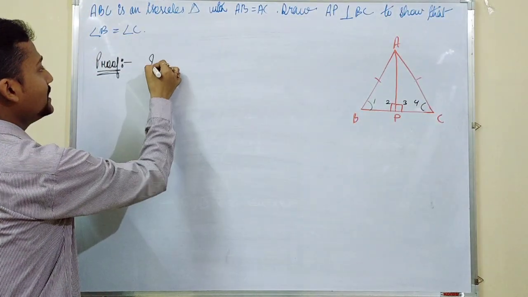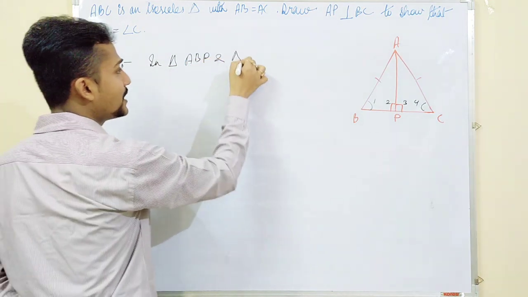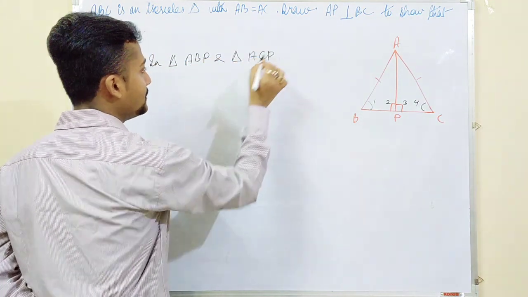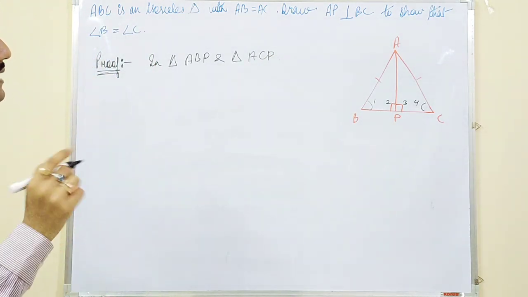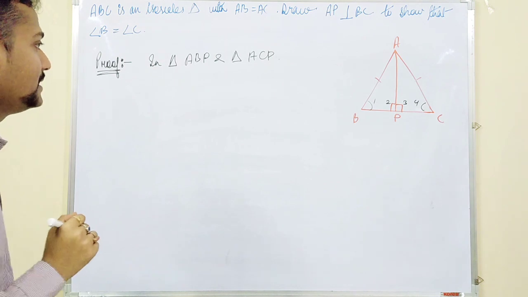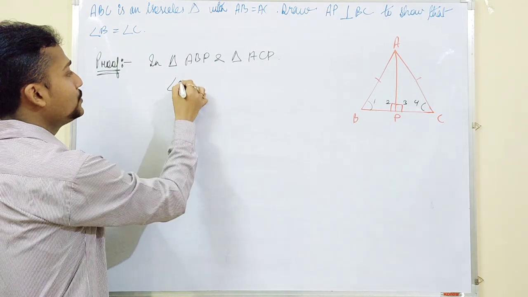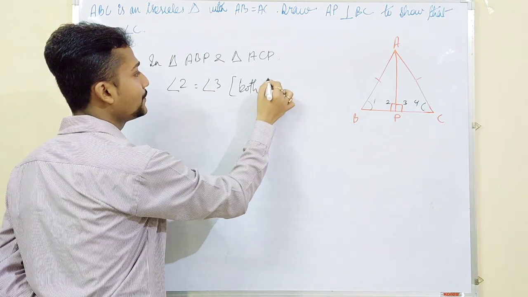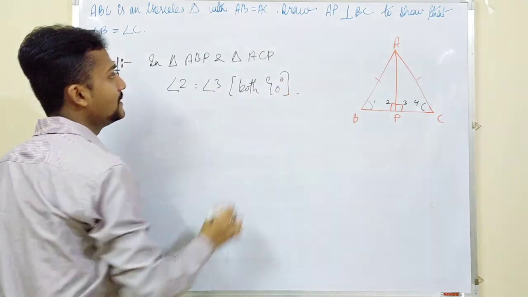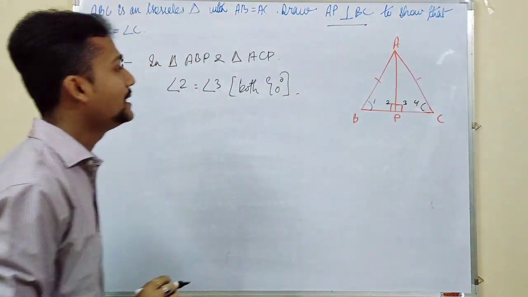Okay, so in triangle ABP and triangle ACP, angle 2 is equal to angle 3, both 90 degrees, isn't it? Because it is mentioned that AP is perpendicular.